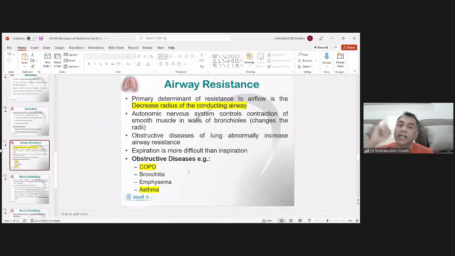Bronchoconstriction causes increased airway resistance. Examples of diseases where bronchoconstriction occurs are COPD and asthma. These are the sentences you have to remember. So the primary determinant of resistance to airflow is the radius of the conducting airway.